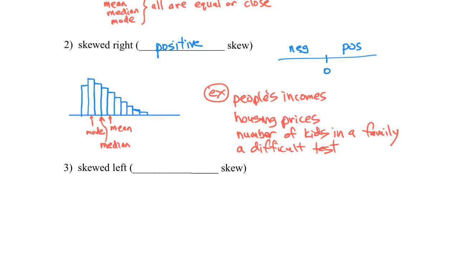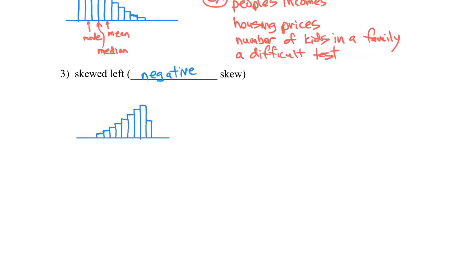So for skewed left, that one, of course, also can be referred to as negative skew. So this one would look like this. We can see again the mode value right here. This is the one with the highest frequency.